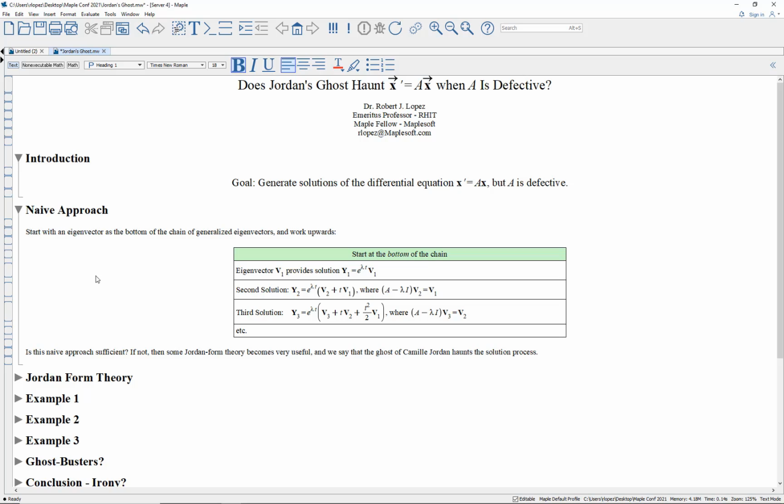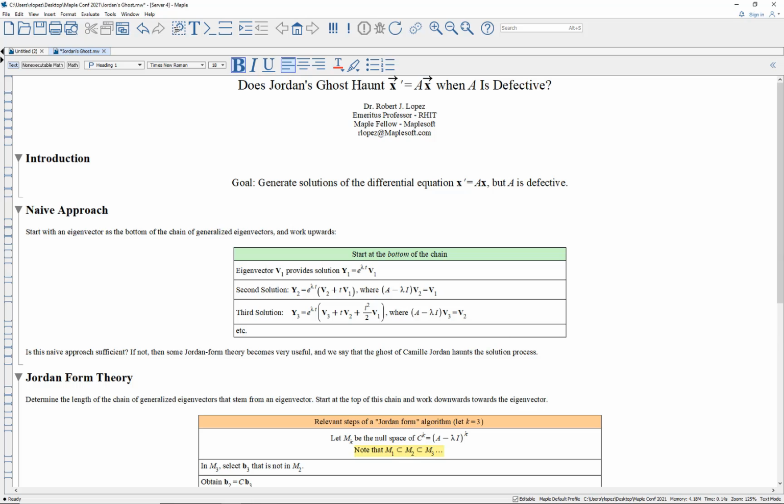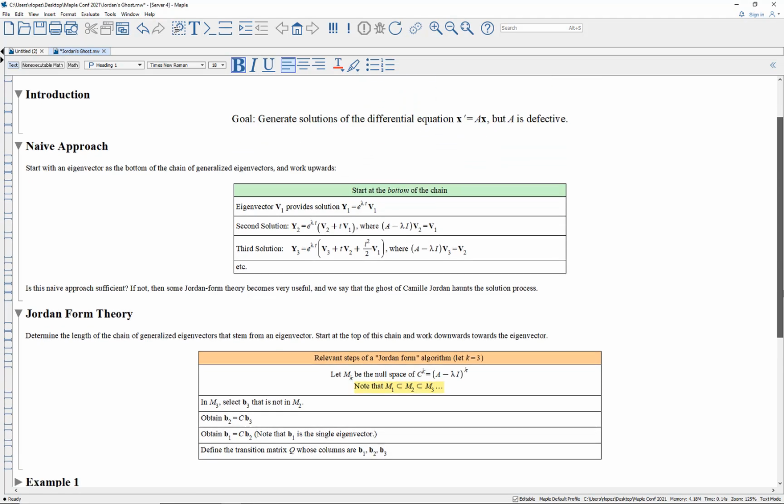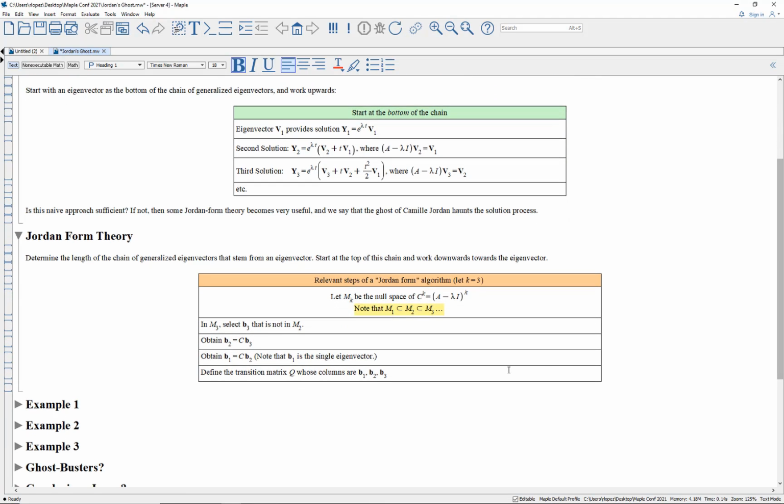If that's sufficient, then you don't need Jordan form theory, and the ghost of Camille Jordan doesn't haunt the process. So, what would you need to know from Jordan form theory if you were tackling this problem with a little bit more insight?